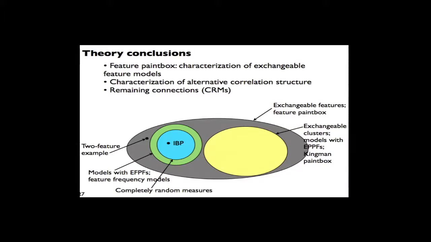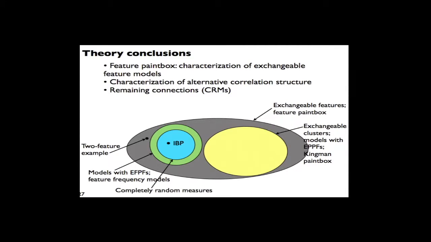And then there are a number of remaining connections if you're familiar with this area. One way that you can generate these feature frequencies is something called completely random measures. We've discussed with feature frequencies that you have these frequencies, and you independently belong to each feature conditional on the frequencies. And completely random measures are like choosing the frequencies themselves independently, conditional on their sum being almost surely finite.